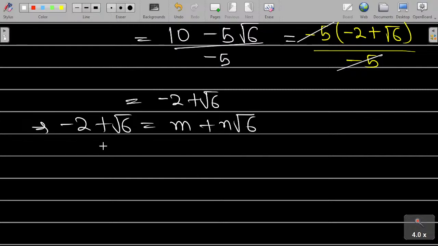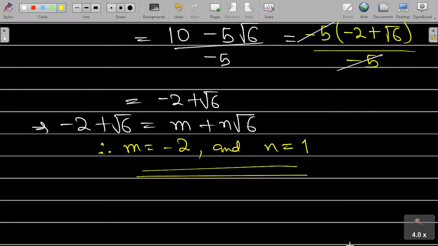So you are just going to compare both sides now, and it is clear that your m is the part that does not have any root, while your n is the coefficient of root 6 here. Therefore, my m is equal to minus 2, and my n, the coefficient of root 6 here, is 1. And this is my solution. Alright, and that is the solution for number 19.